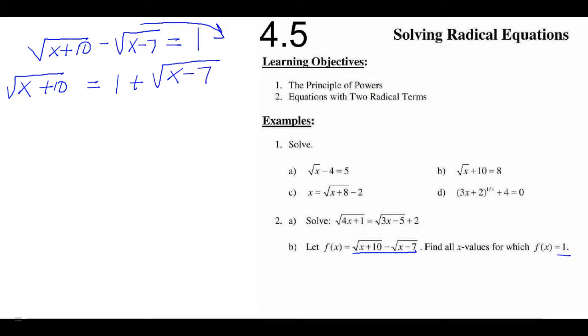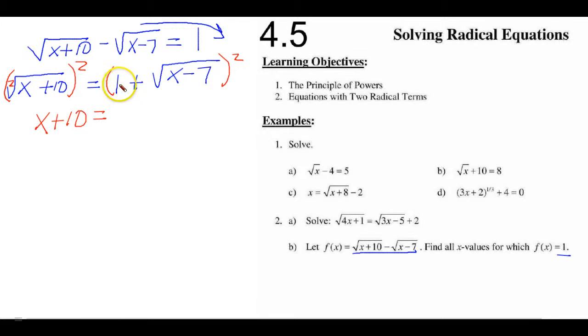Now what we're going to do is square both sides. And this technique of squaring a binomial is very useful. Here it just becomes the radicand. Note if the index number is 2, which it is, and we raise it to the second power, it just becomes the radicand.